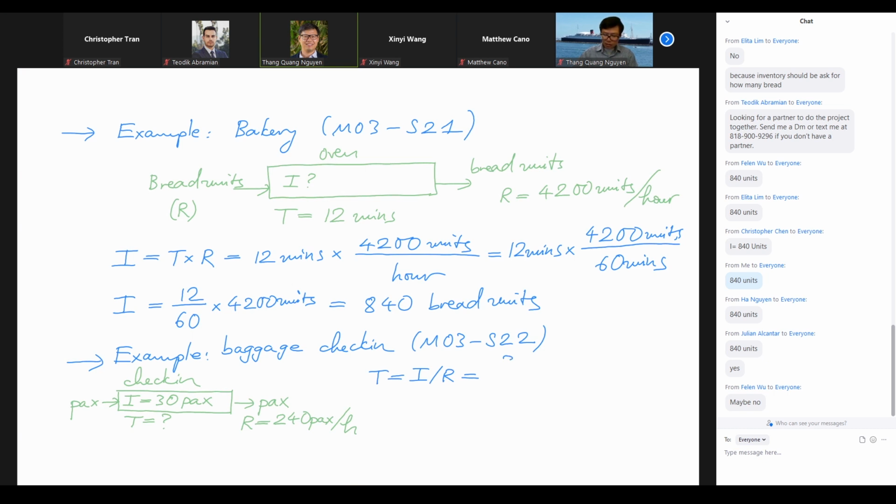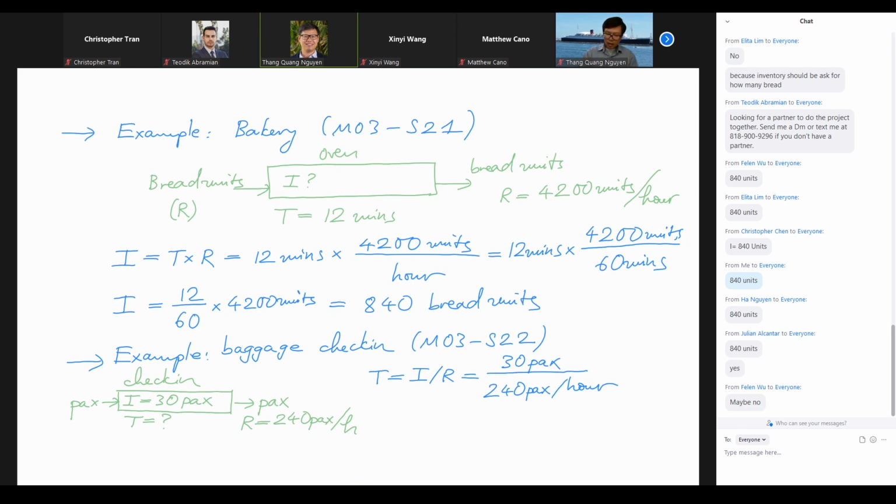I is 30 passengers, right? And then R is 240 passengers per hour. So the passengers will be canceled out, the units will be canceled out, right?